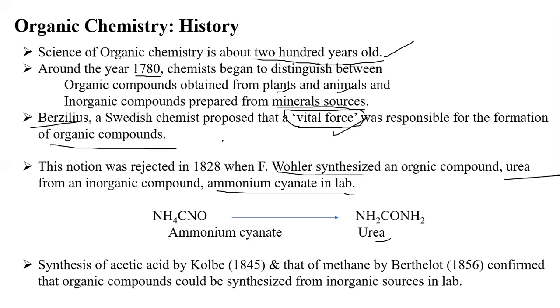Further discoveries, the synthesis of acetic acid by Kolbe and of methane by Berthelot, confirmed that organic compounds could be synthesized from inorganic sources in the lab. So, students, before 1780 everyone thought organic compounds were plant or animal products. Even Berzelius said vital forces were involved in their formation. But the notion was rejected in 1828 when Wöhler synthesized urea from ammonium cyanide in the lab.